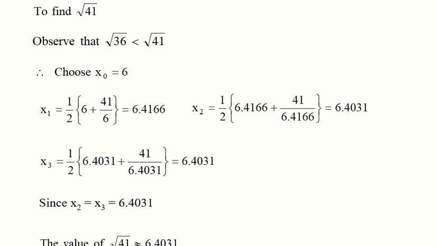Next you calculate x2. x2 is half into x1 plus 41 by x1. That gives you 6.4031. Similarly, x3 is half into x2 plus 41 by x2, which comes as 6.4031.